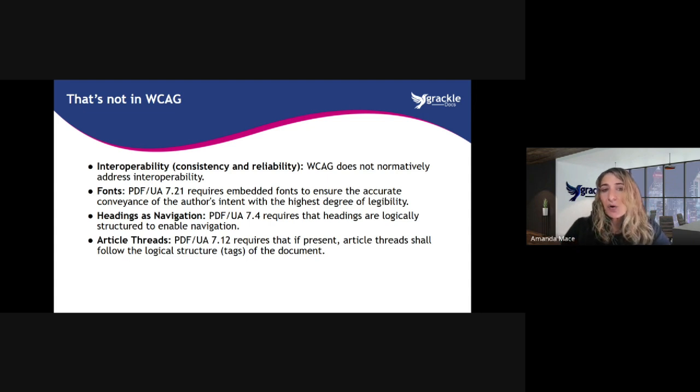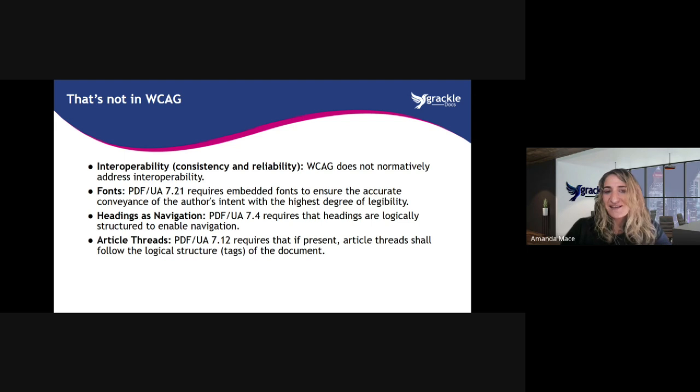So WCAG only addresses the navigational role of headings as an option in place of something like a skip link. So this would fall under success criteria 2.4.1 for those of you who like that sort of thing. That's called bypass blocks. What PDF UA requires, though, is for it to be logically structured to enable navigation.